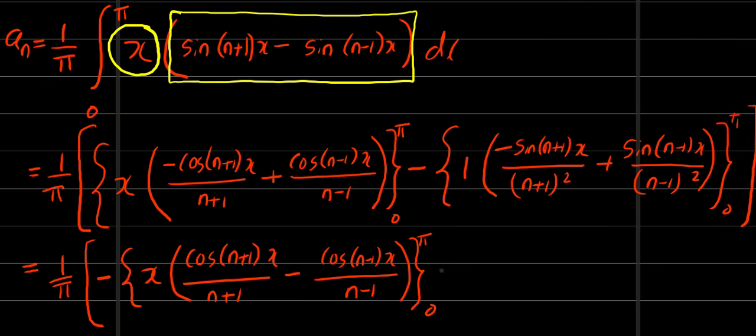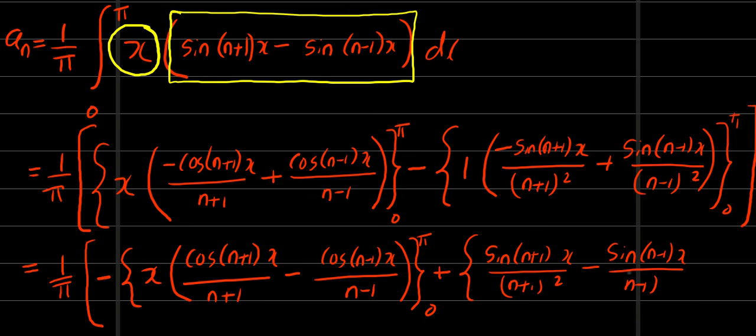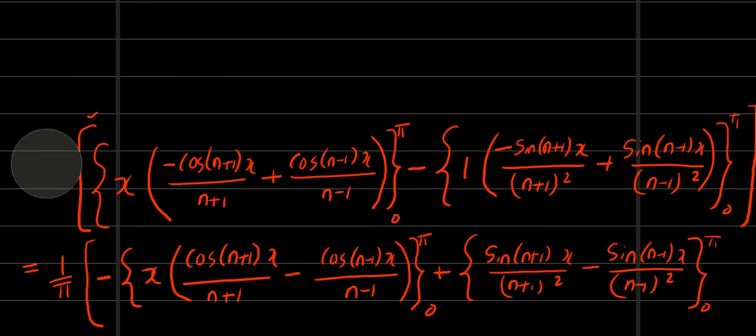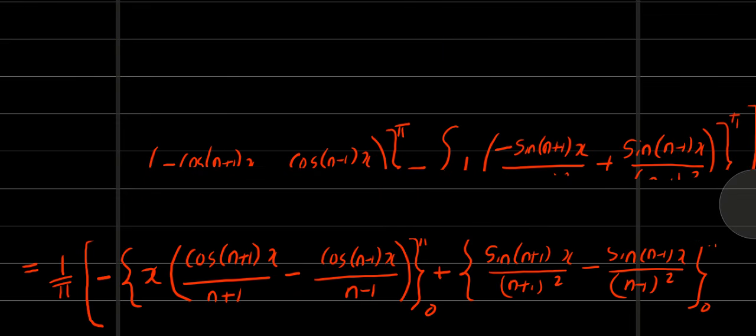And again I'll take minus outside, so I'm going to that positive, and we will get sine (n plus 1) x by (n plus 1) the whole square minus sine (n minus 1) x by (n minus 1) the whole square within the limits 0 to pi. To be honest, this step is not compulsory. Okay, now I'll erase and I'll substitute the limits, and that's it.